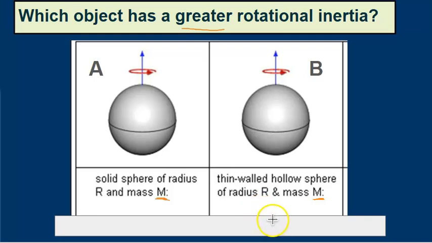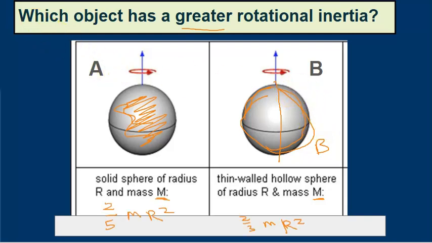So the answer is B, because if you imagine cutting that open, you have pushed the mass that was evenly distributed everywhere inside object A, and you've pushed it as far as you can to the outer edges while still maintaining a sphere. Okay, so B has a greater rotational inertia.